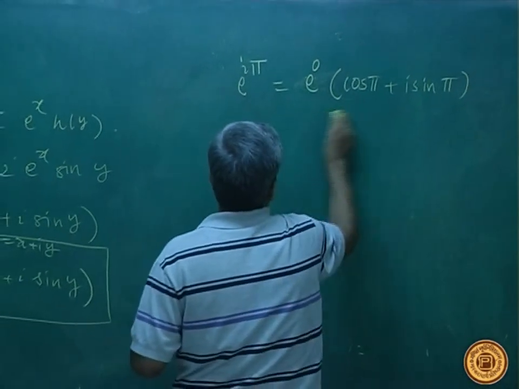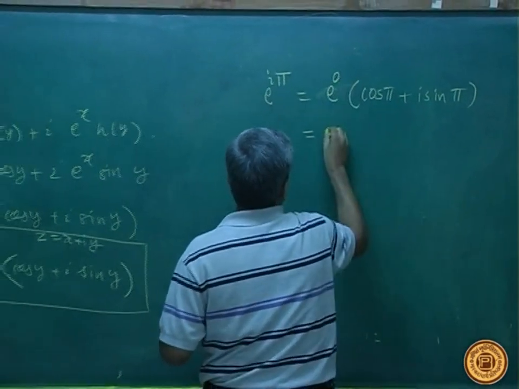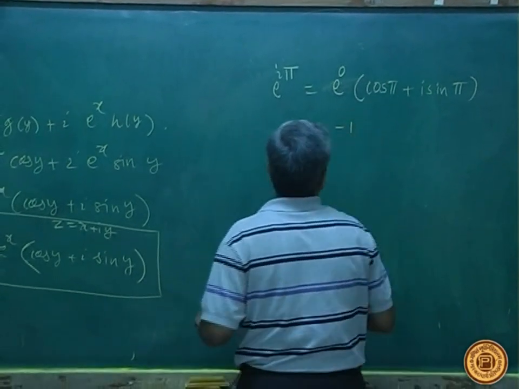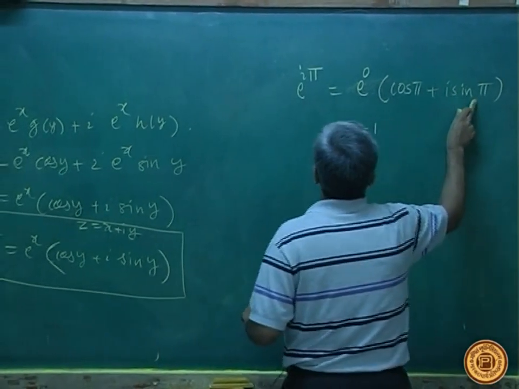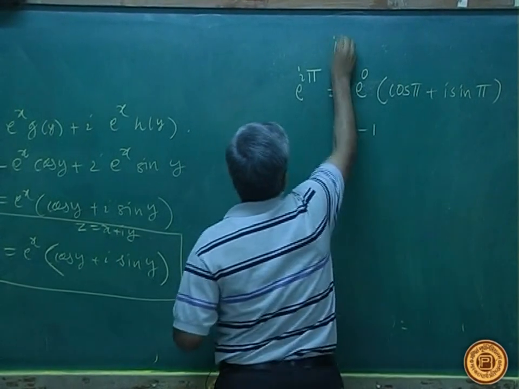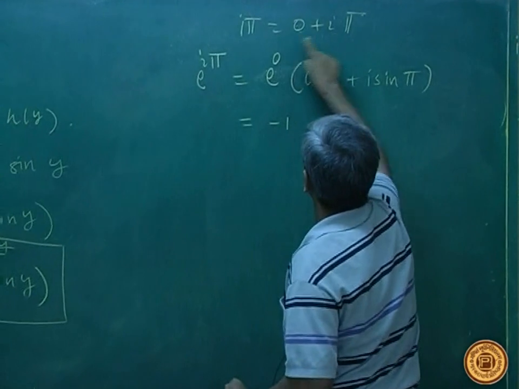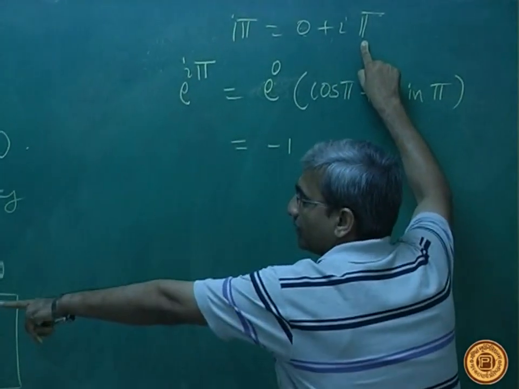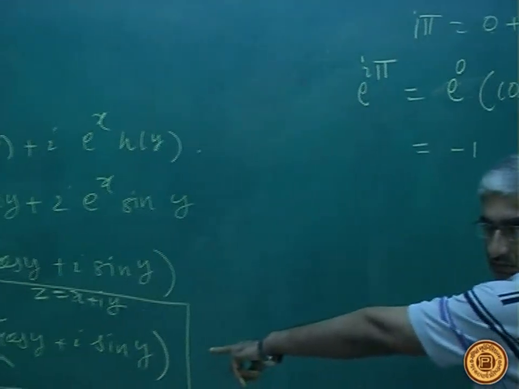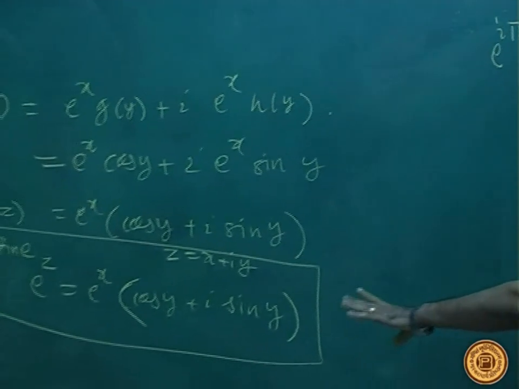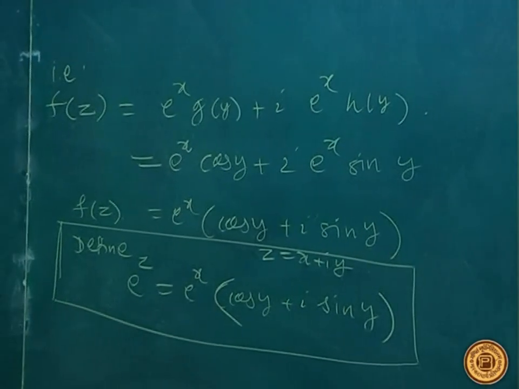What is cos π? Minus 1. What is e raised to 0? 1. So this is minus 1. Sin π is 0. So z is 0 + iπ, x is 0, y is π. So put that in that formula, e^x (cos y + i sin y).